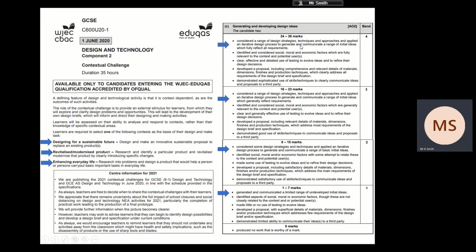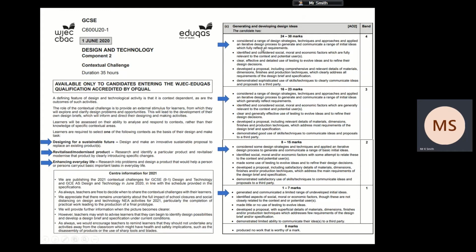The iterative design process is where you take your design idea and you just keep improving it. So you evaluate, improve, evaluate, improve, until hopefully you iron out any potential problems that you might have missed.